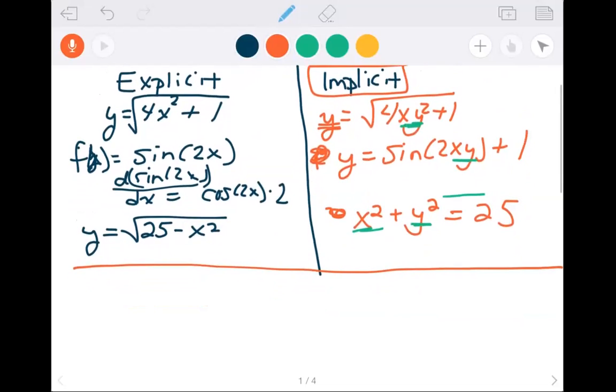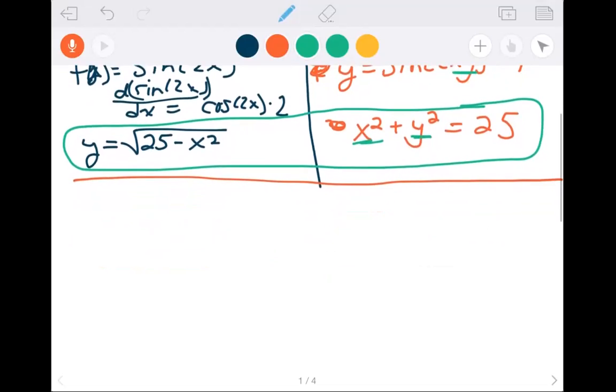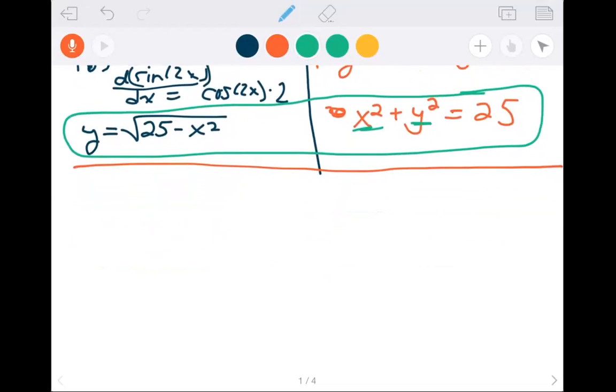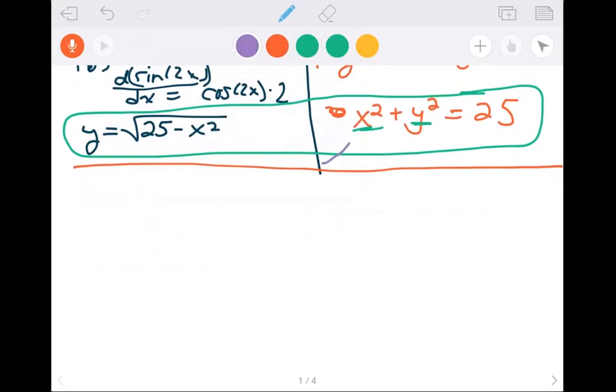So the one I'm going to focus on right now is this, okay? Maybe you recognize this as the equation for a circle from Algebra 2. So let's go take the implicitly defined relationship.